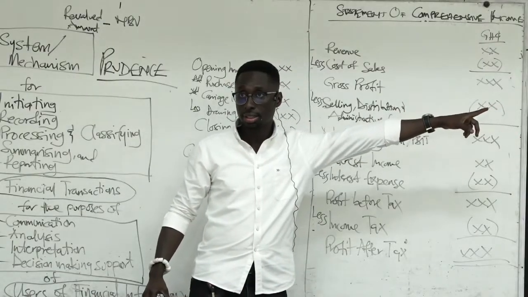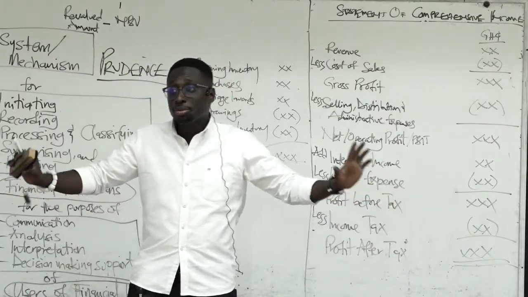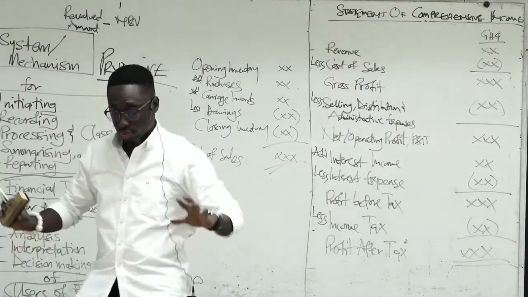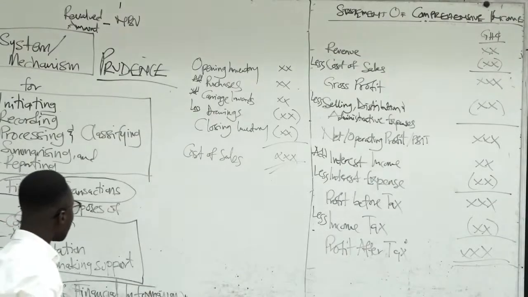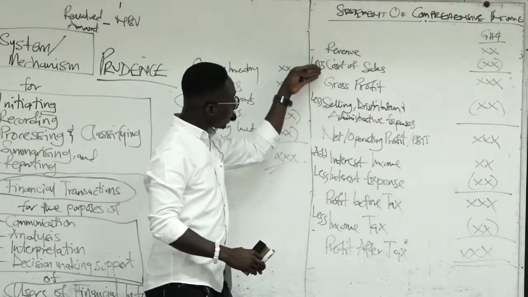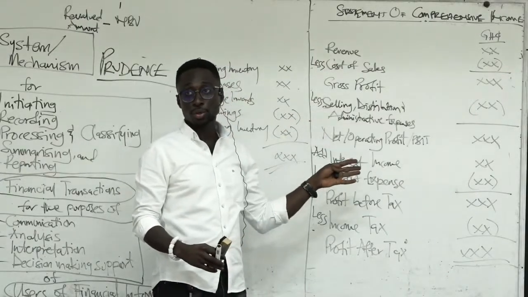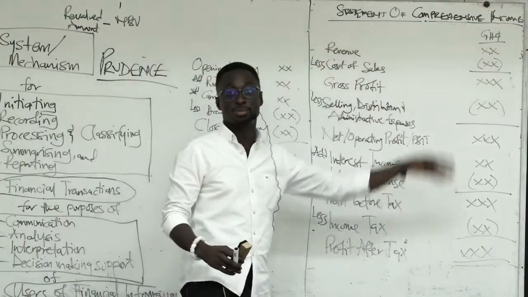For other people, they say, I don't want to miss anything, I just want to do it whichever way. So they will come and do all of this here. Before you know, your statement is going to a first page, second page.